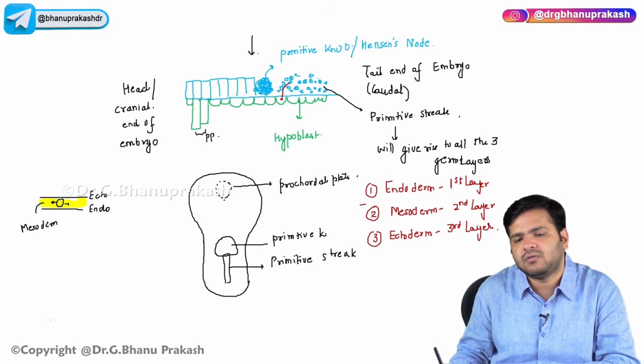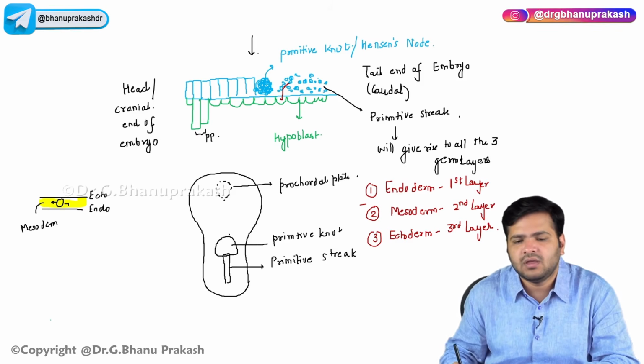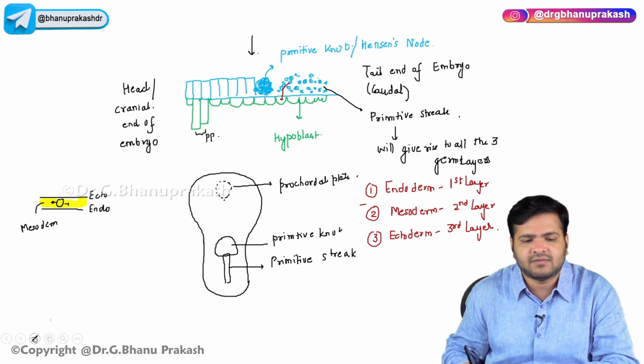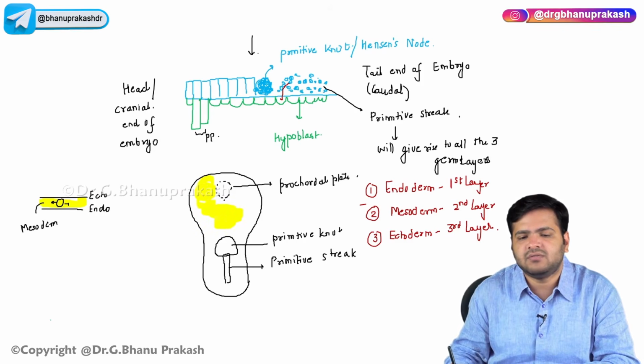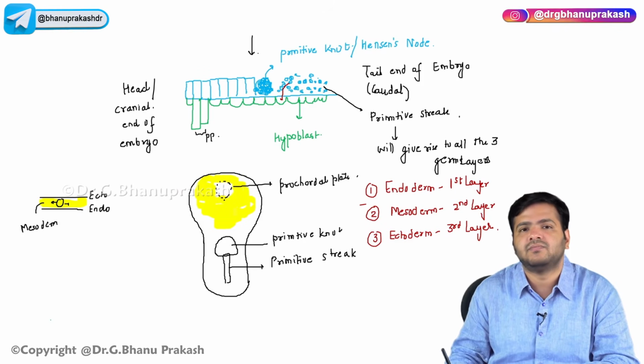Now what is this primitive knot doing? Everything around it, you can see, this is the mesoderm, right?